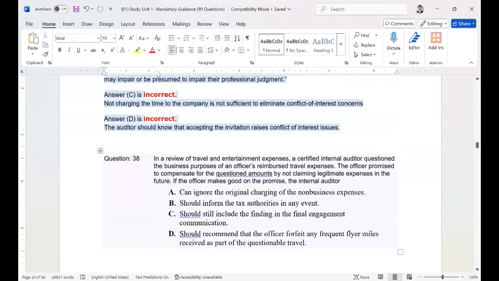Question number 38. So looks like C, no?